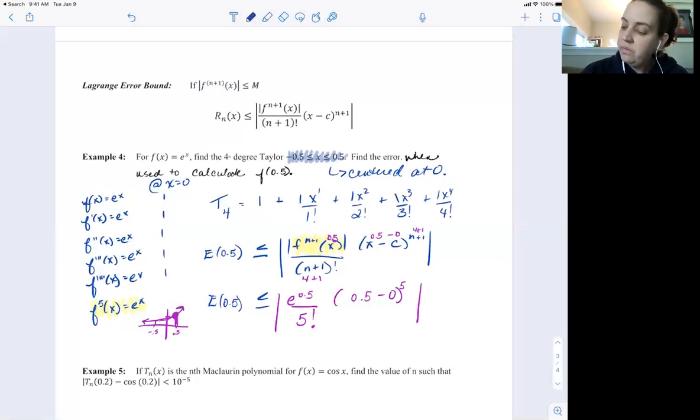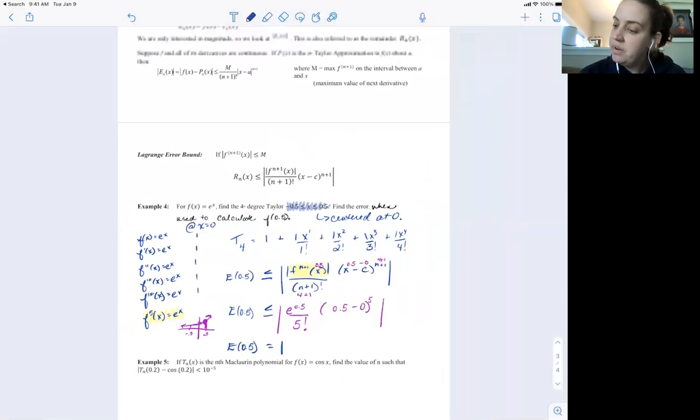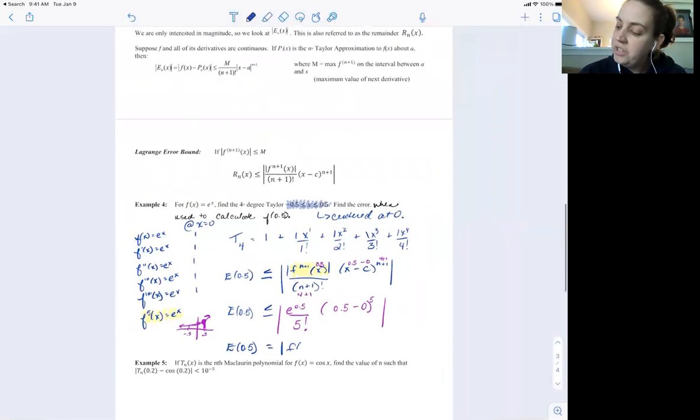I have that error, which by the way is equal to, we kind of lost a little bit of the notation, the function at 0.5 minus the fourth degree polynomial at 0.5, has to be less than or equal to 4.293 times 10 to the negative 4th.